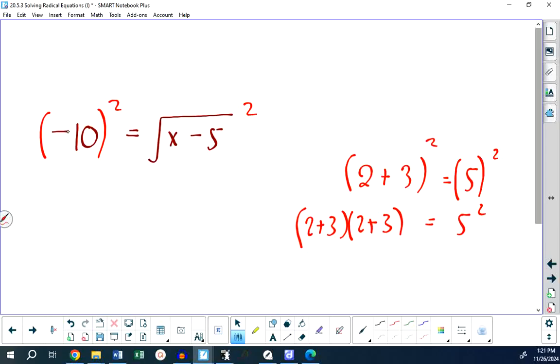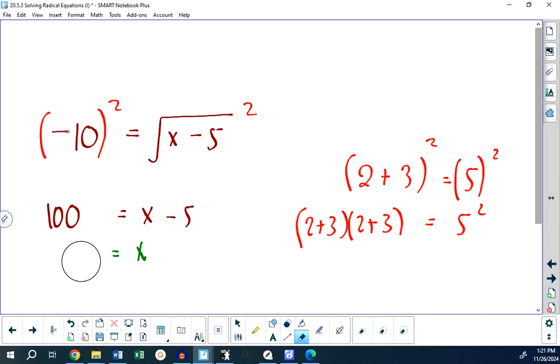So what do I get here? When I square negative 10, I get 100. And when I square the square root of x minus 5, I get x minus 5. Correct? I have not done anything wrong. And now I solve by adding 5 to both sides, and I get x equals 105.